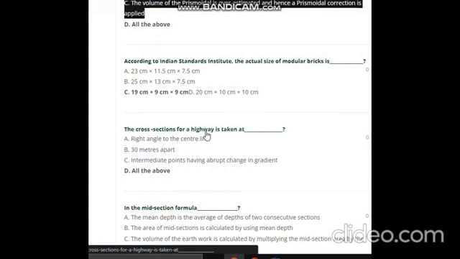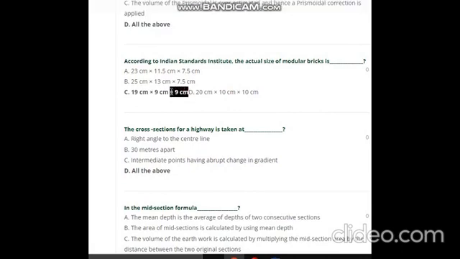According to the Indian Standard Institution, the actual size of a modular brick is 19 centimeter by 9 centimeter by 9 centimeter.